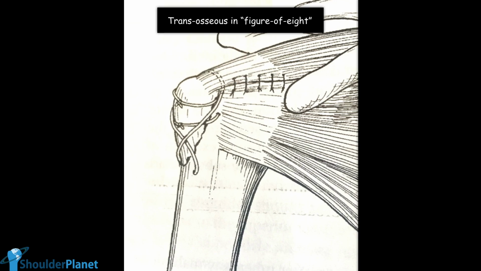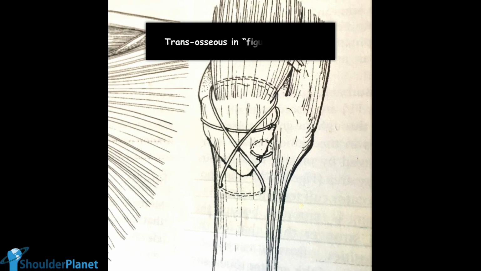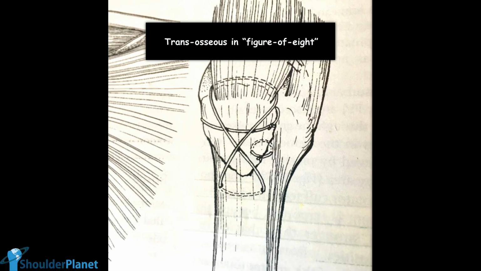But there's a very important message in this picture and in this other one, in which someone is doing transosseous suture in figure of 8, which is that you have to pass your suture, be it with Ethibond number 5 or FiberWire, it doesn't matter, not through the fragment itself, but through the posterior superior cuff, the supraspinatus and the infraspinatus, as we are seeing here.